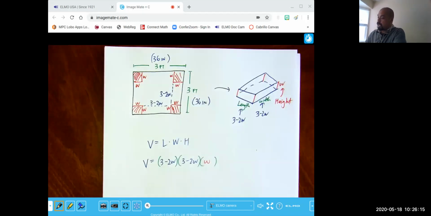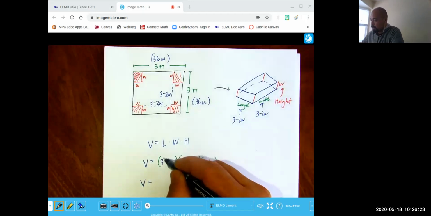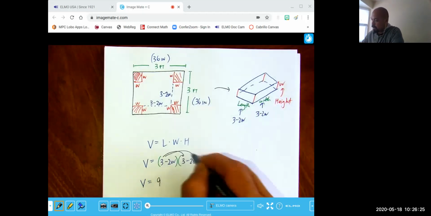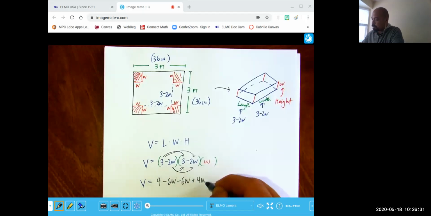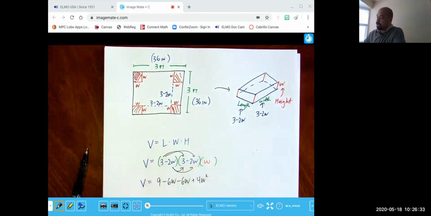Okay, so now as we start to go through, expanding this out, foiling, distributing, whatever you want to call it. 3 times 3 is 9, minus 6W, minus 6W, plus 4W squared. That's still going to get multiplied by W, and we'll combine like terms.